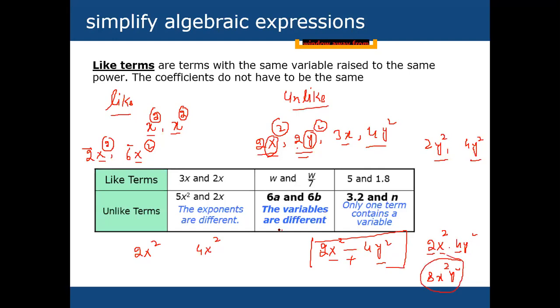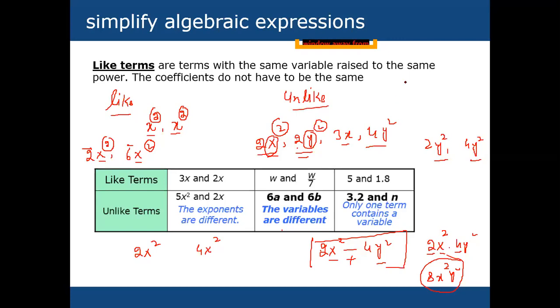So, like terms and unlike terms. Like terms are those terms which have the same variable raised to the same power: x power 3 and x power 3, x power 4 and x power 4 are like terms. Unlike terms have a different variable or power.